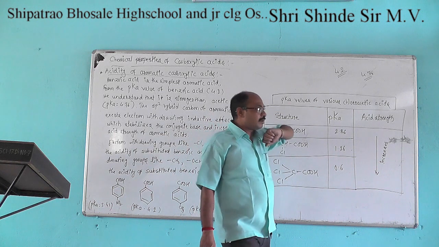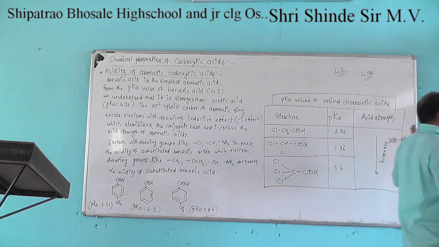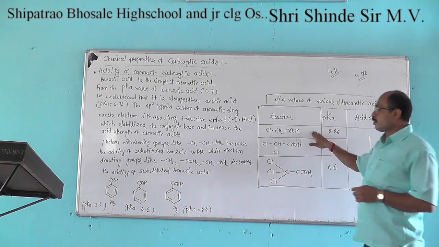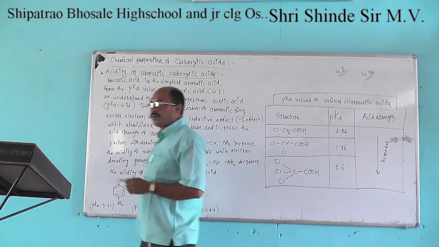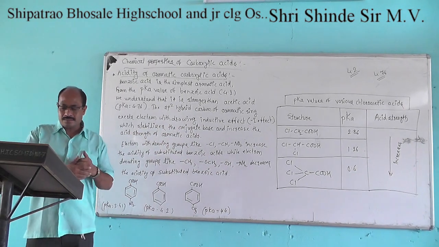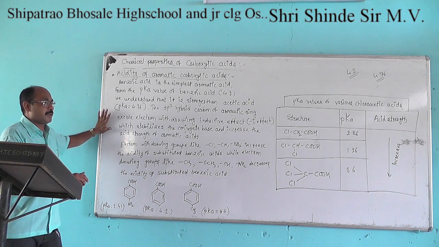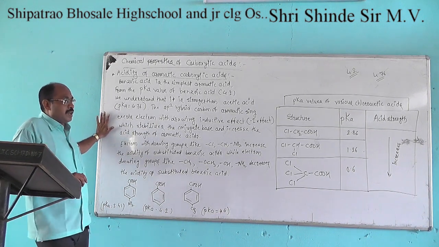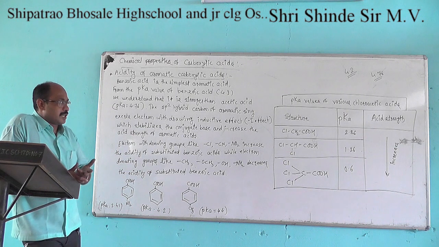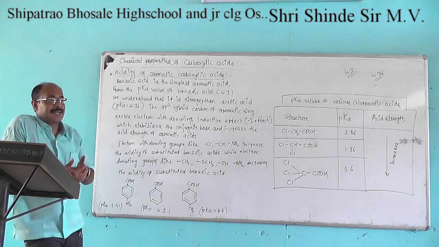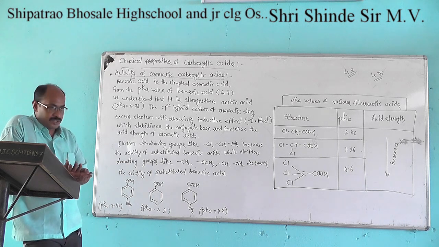By observing this table we can say that as we increase the number of stronger electron withdrawing groups, the acid strength goes on increasing as we move from mono- and di- towards trichloroacetic acid. When stronger electron withdrawing groups are present on the aromatic ring, like the halogens, the nitro group, the cyanides, they increase the acidity of the substituted benzoic acids.